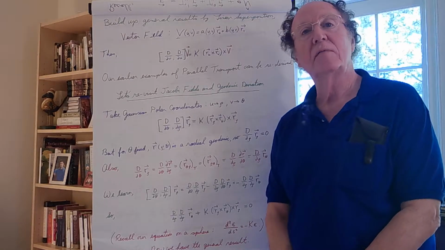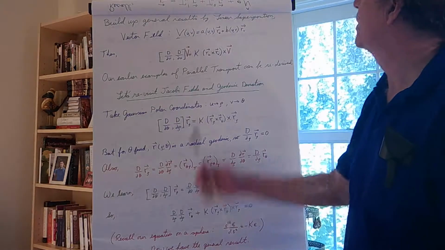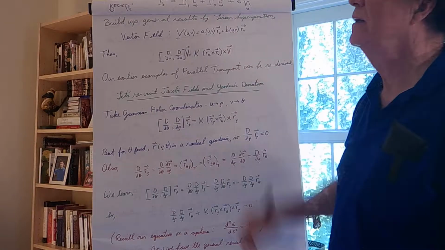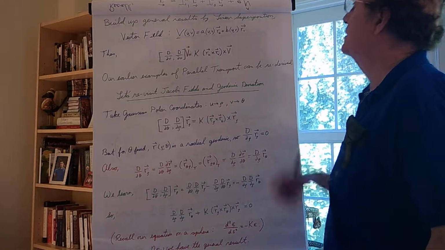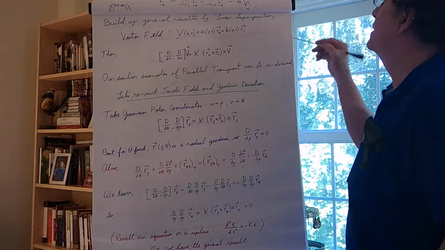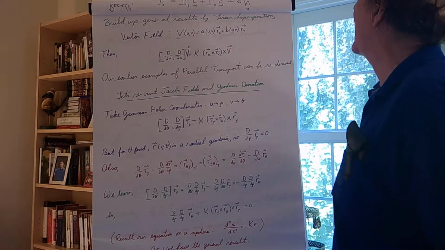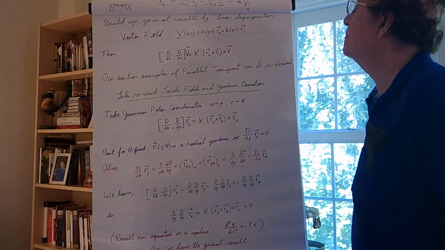And if you want a general case, for example, you want to apply it to a vector field V on a surface, just take V and use R sub U and R sub V as the basis in which to expand it.